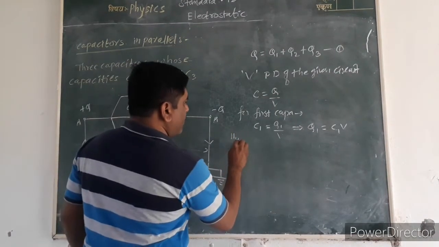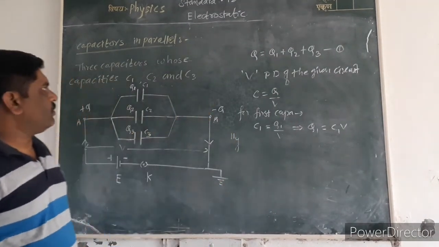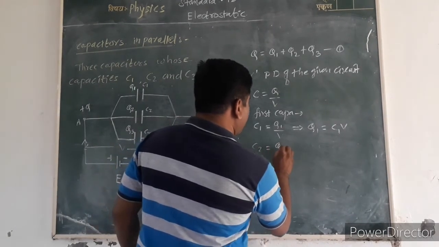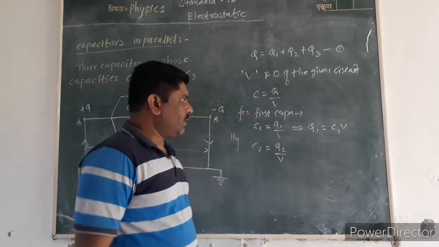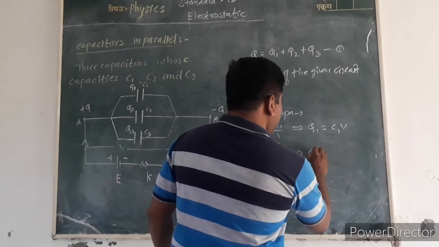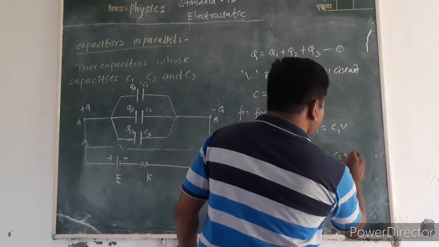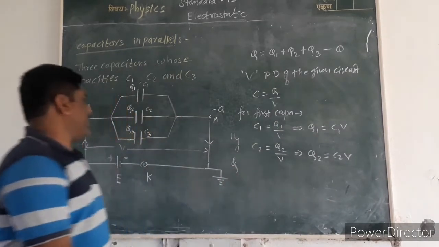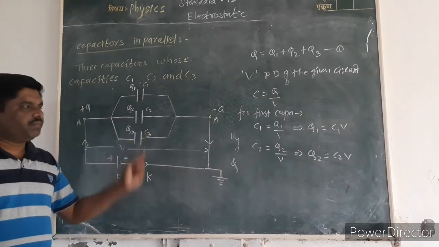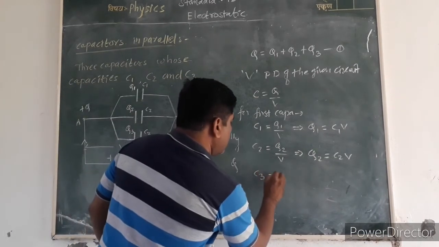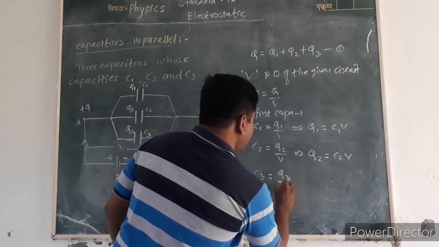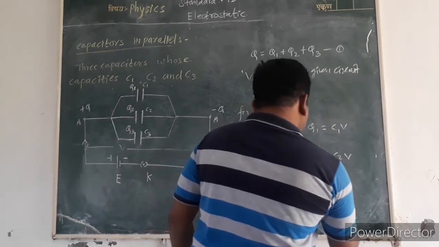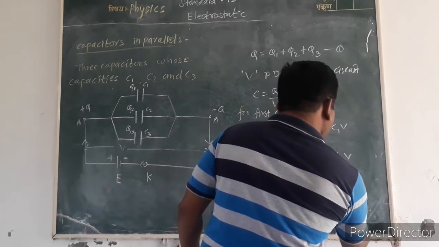Similarly, for the second capacitor, whose capacity C2 is equal to Q2 upon V, this gives Q2 is equal to C2 into V. And the third capacitor, whose capacity C3 is equal to Q3 upon V, this gives Q3 is equal to C3 into V.